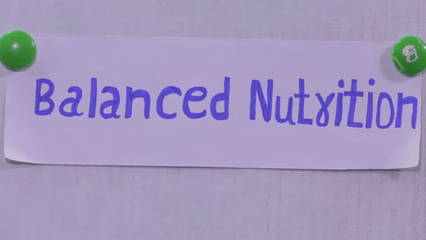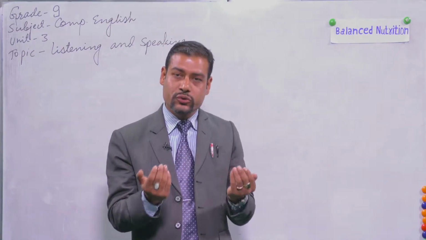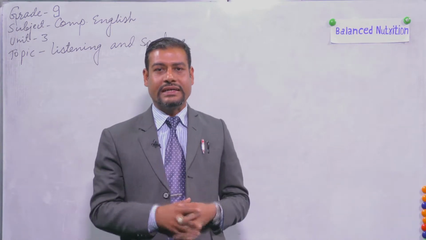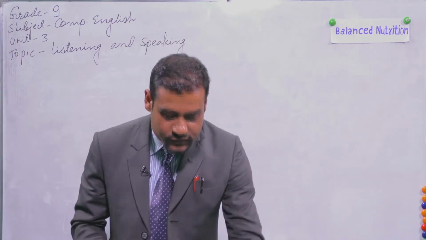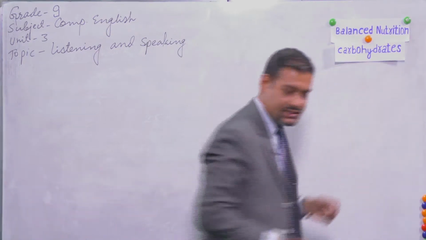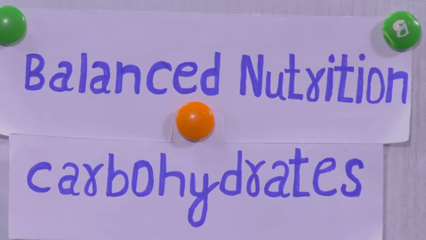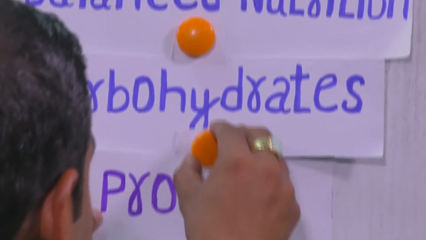And can you say me, my dear students, what comes under balanced nutrition? What sort of things do we need to be healthy? Yes, you are good. So what is it? Yes, it is carbohydrates. And can you guess another thing that we need to be healthy? Okay, you can see.